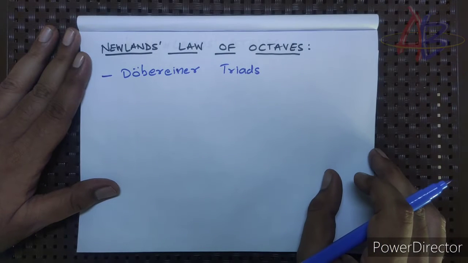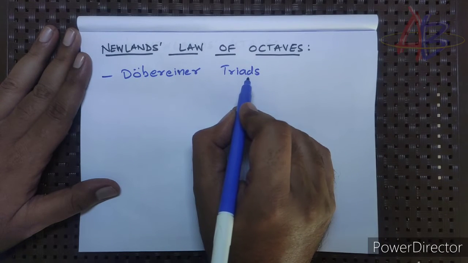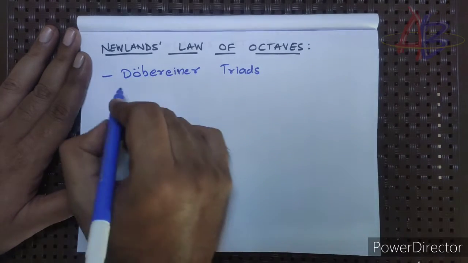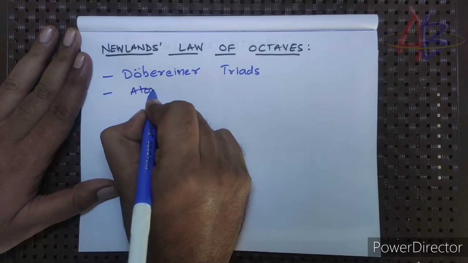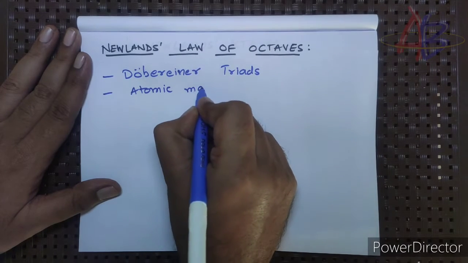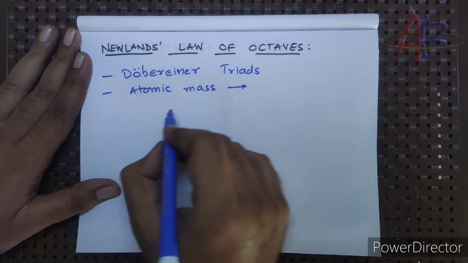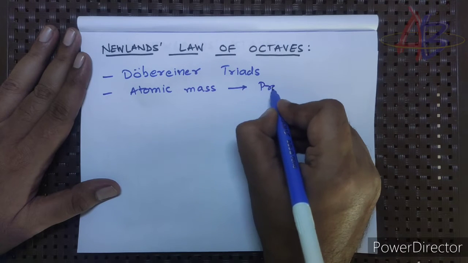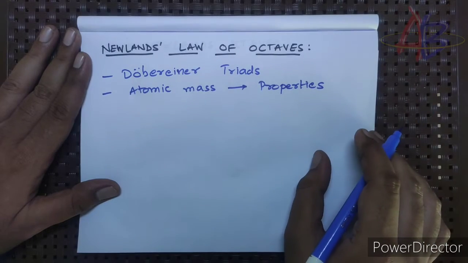So let us revise Newland's law of octaves. He was clearly inspired by Döbereiner triads and the way of relating atomic mass to the chemical properties of elements. He also thought of arranging elements known in his time in a specific pattern. He tried to establish the relation between atomic mass and the properties of elements, just like Döbereiner did.